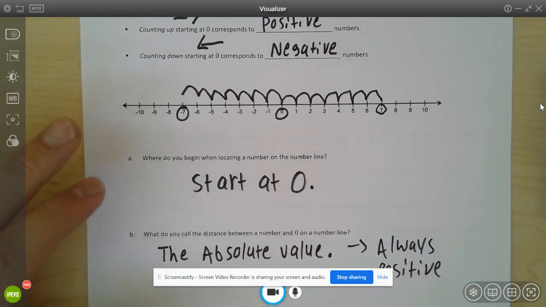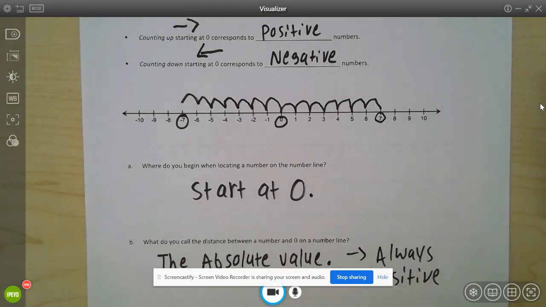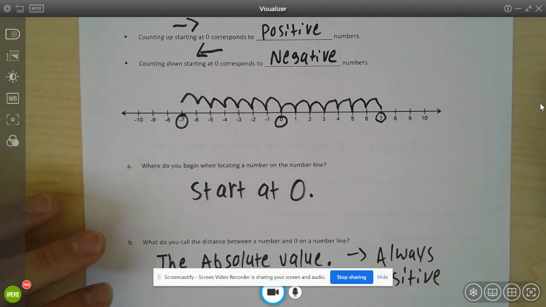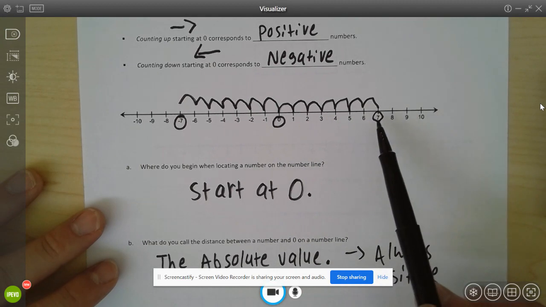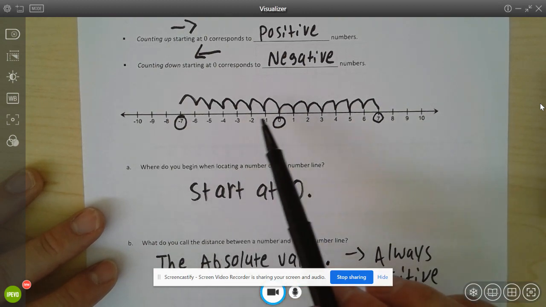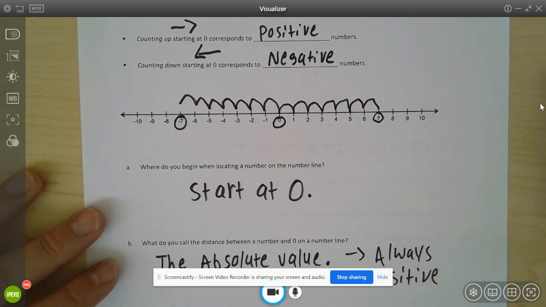Now, they are the same distance from 0, and they do have the same absolute value, but they're in opposite directions, right? 7 is 7 spaces to the right of 0, while -7 is 7 spaces to the left.